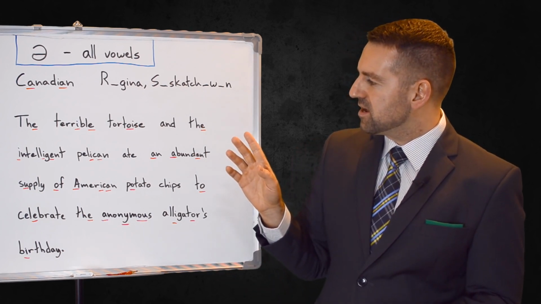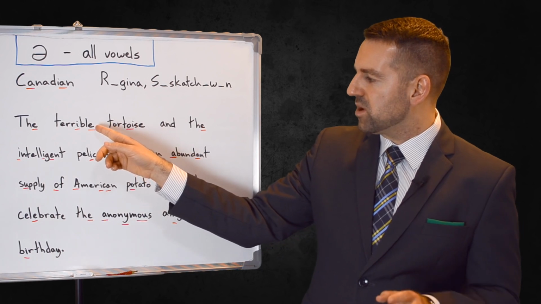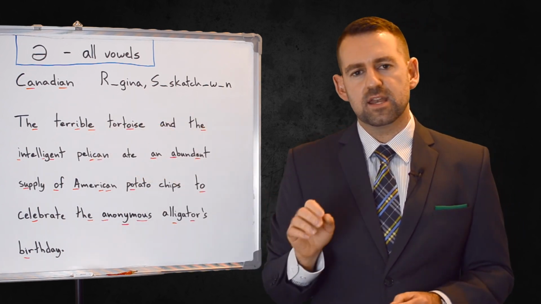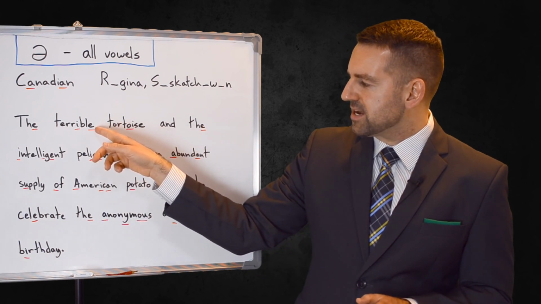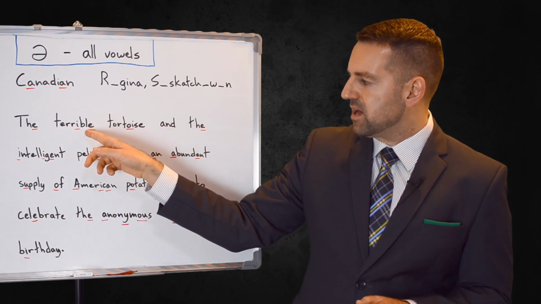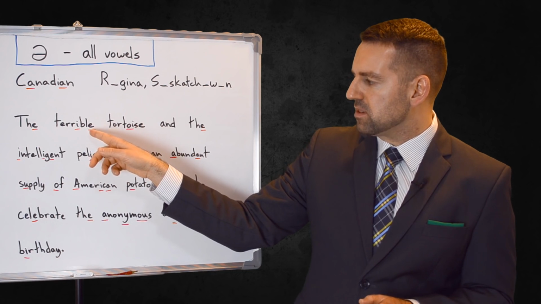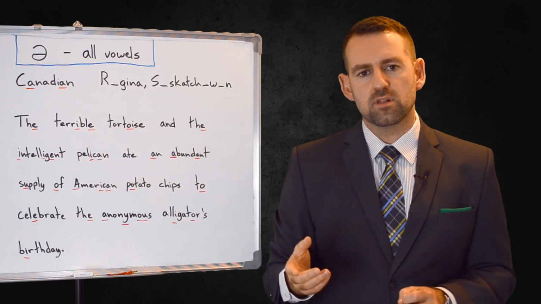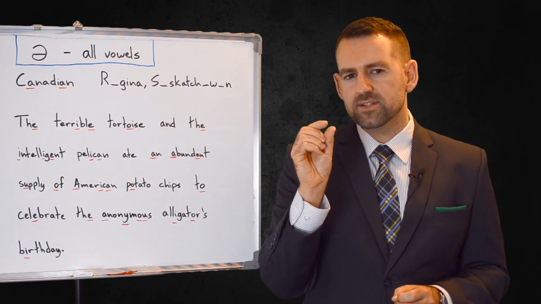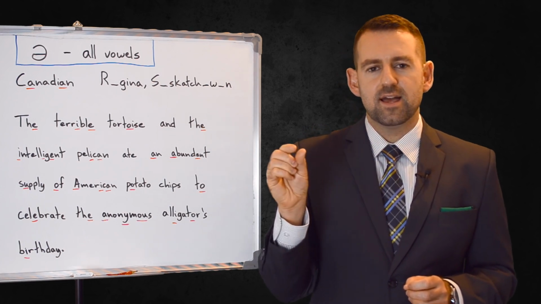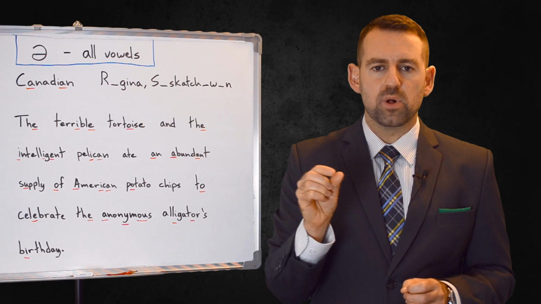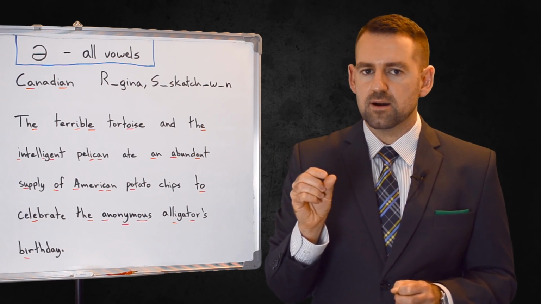Okay, another thing I'll point out is that when words end in LE, the schwa sound is actually before the L. So it's terrible, terrible. You can hear there's a small sound in between the B and the L. Terri-bull.